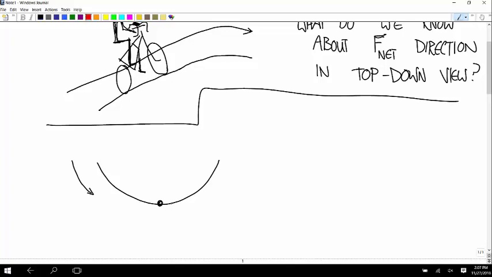So first of all, the velocity is tangent to the path. There's no change in speed. It says that the speed is constant, and so there's no parallel part of the acceleration. There is a perpendicular part this way.